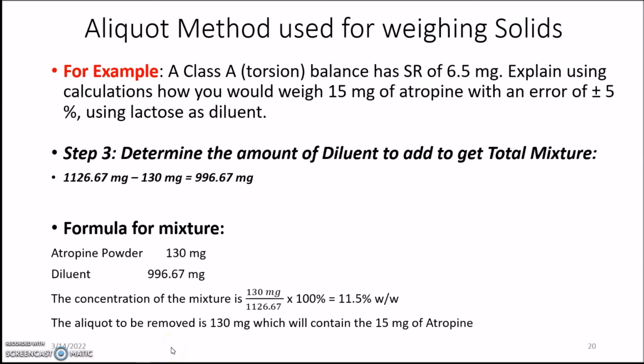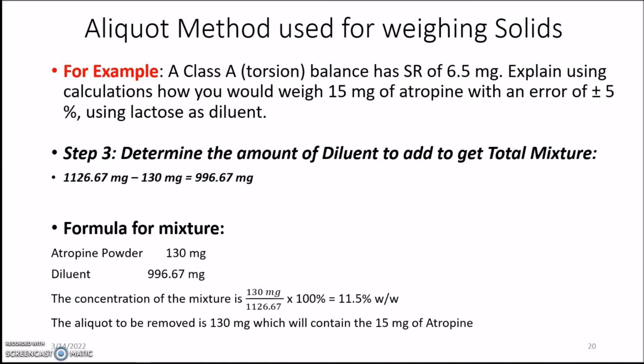So just to recap, the atropine powder mixed with the diluent is going to give us a total mixture of 1126.67 milligrams.